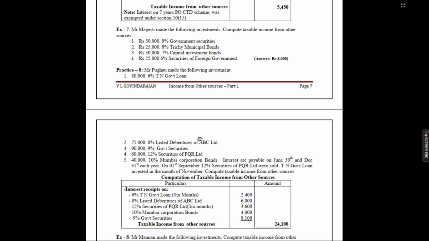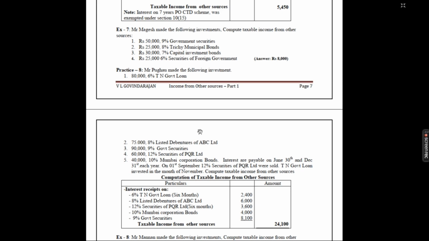So at the time of sale of this transaction, in that 12% security of PQR Limited, invested 60,000, Mr. Pugar received interest only for the 6 months. For the next 6 months, the securities were not in his hand. So we have to compute the interest only for 6 months for this bond. And the TN government loan was invested in the month of November after the 1st October.